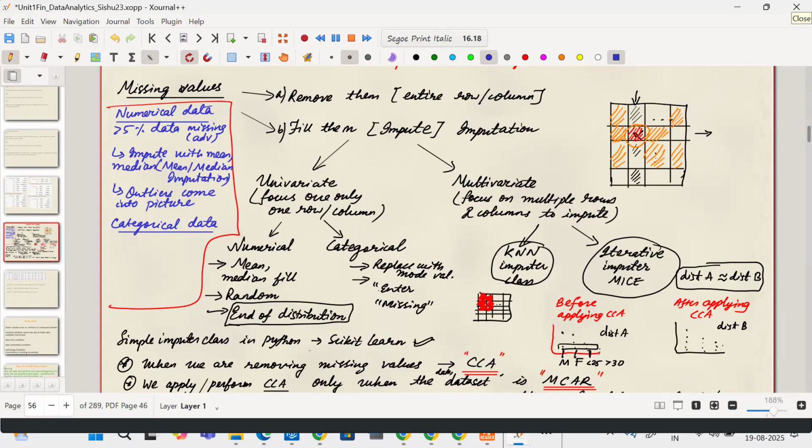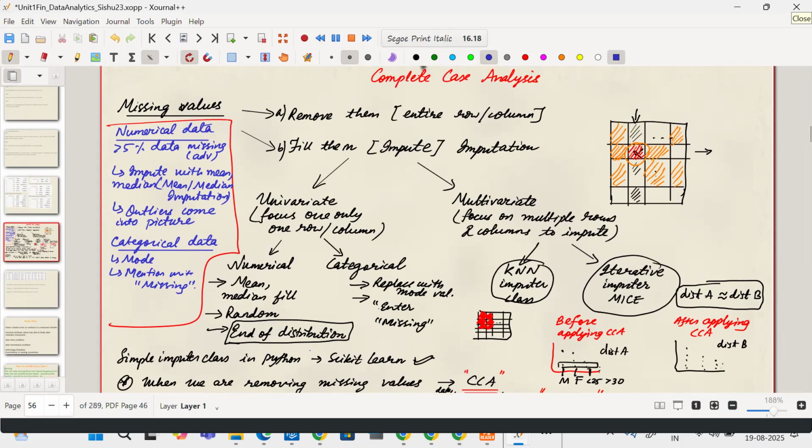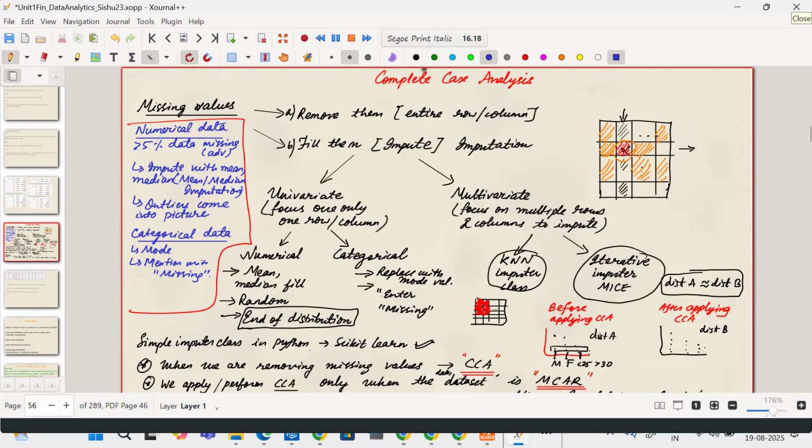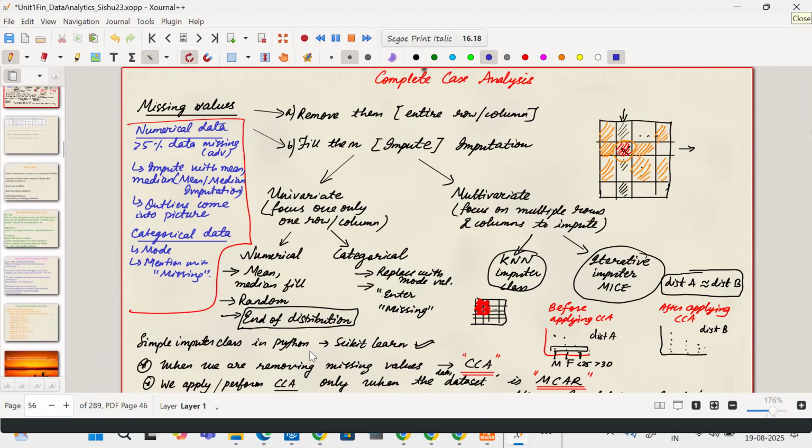For categorical data you can use mode, and also you can just write "missing" in your data set. This is mostly followed. So this is the idea. Now that we have seen this part, let us see what is an outlier.